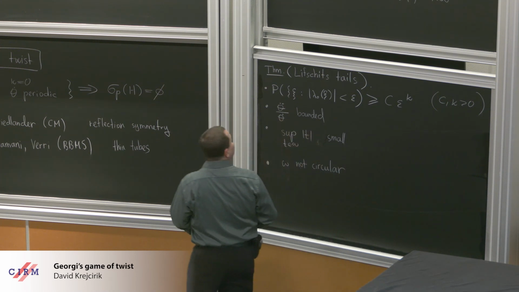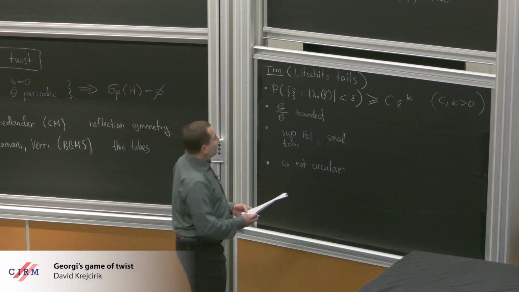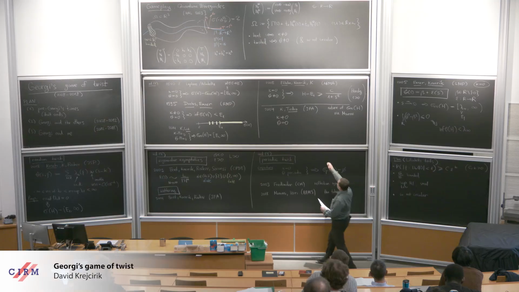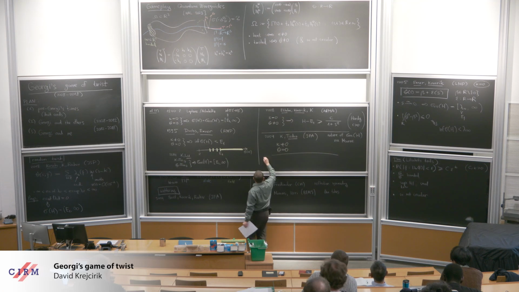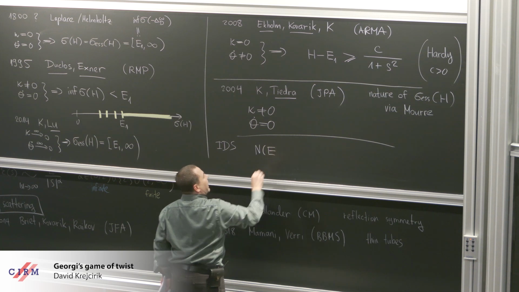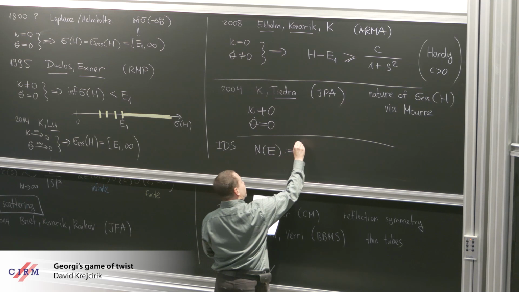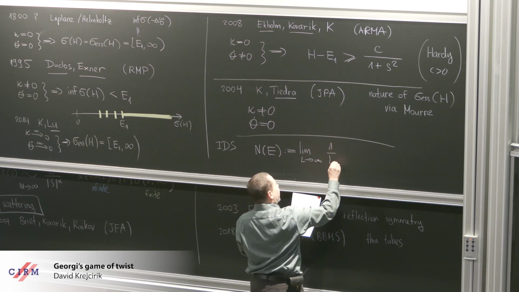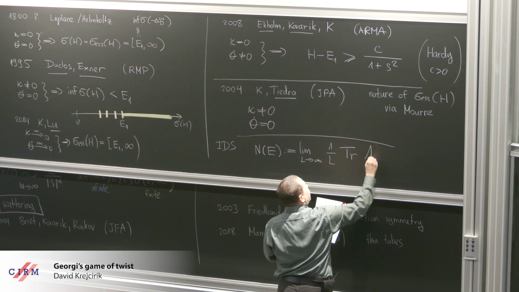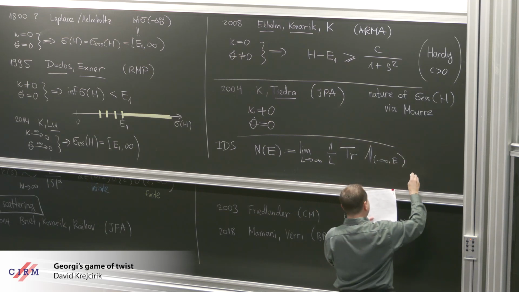In this case, we consider the integrated density of states. What do I mean by this? The integrated density of states N(E) is the limit when L goes to infinity of 1 over L times the trace of the counting function.